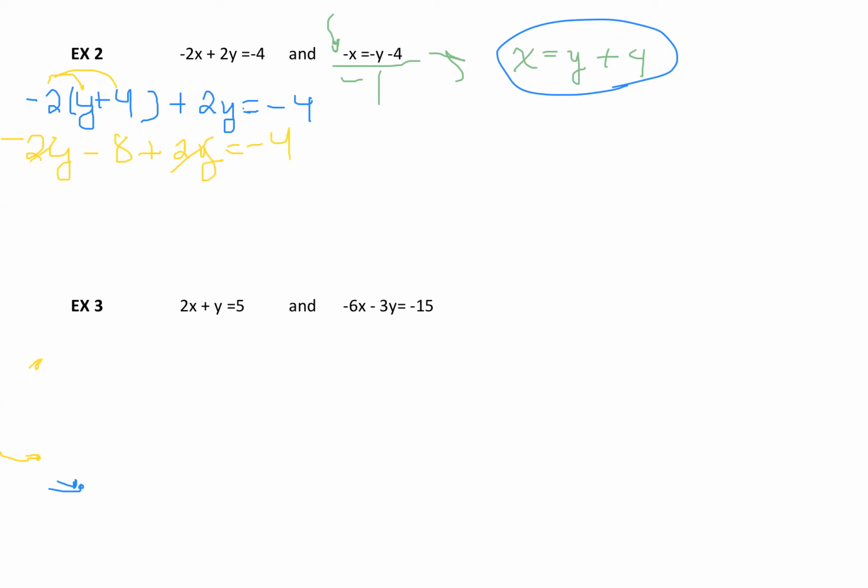Those y's will cancel, and you're left with this negative 4 equals negative 8 piece. That's not possible. They are not equal to each other. This tells you that you have no solution. Those two must be parallel. They are inconsistent. No solution is going to make both of those true because negative 4 is not negative 8.